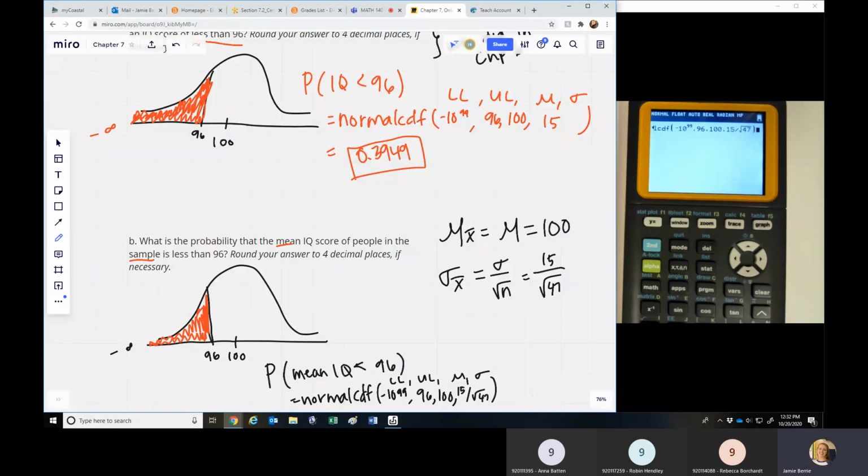All right, then we're going to paste that in. That's what it should look like if you just typed it in. Then hit enter. And there we go. Much smaller, very, very small probability on that one. If we round to 4 decimal places, that would be 0.0338.